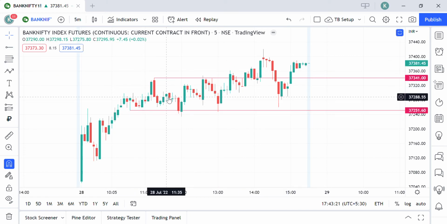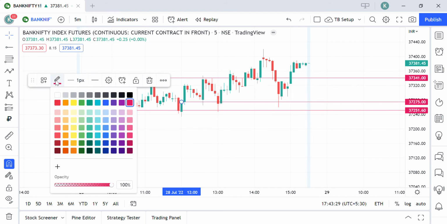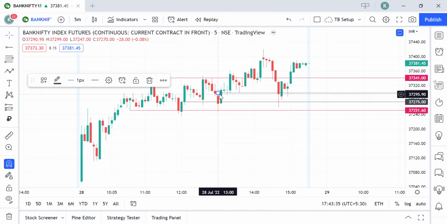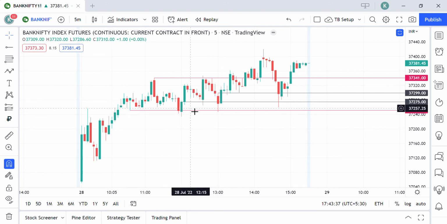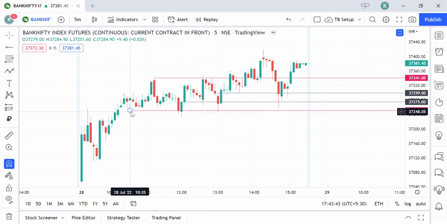To do that, what we generally do is draw the inward frequencies of those lines. I would like to mark those inward frequencies in a different color, say black, and this is another inward frequency. Once price has tested these levels, it has broken up and then come back and touched this area, which is a demand area.